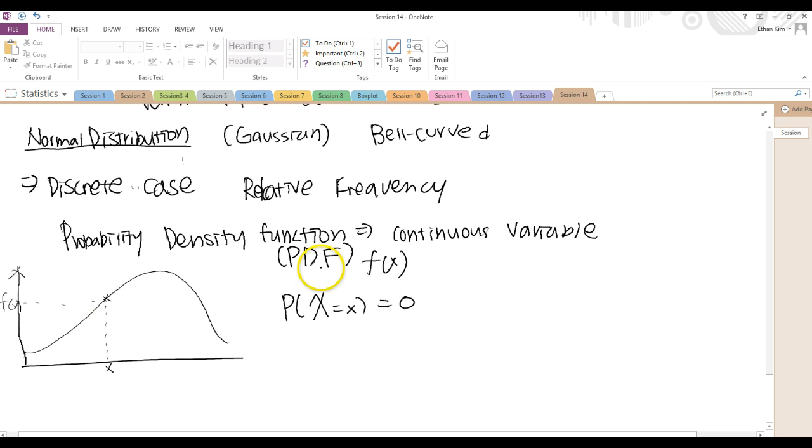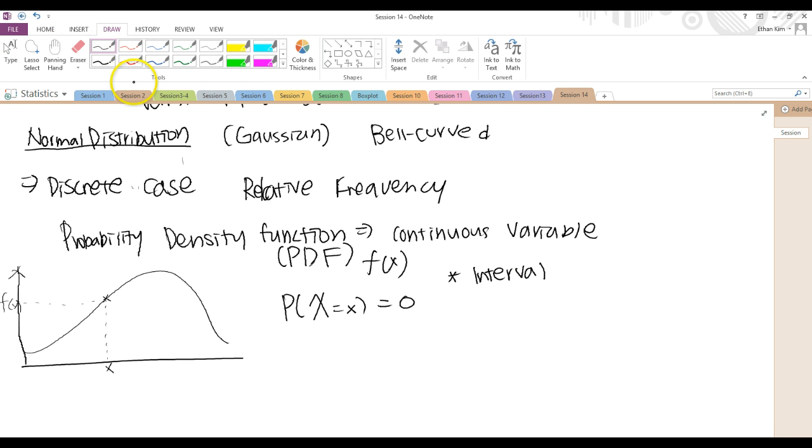So for a probability density function, we always look into the interval. Say we are looking for the probability that x is less than 5, and 5 is right here. Then we always look at this part, the area under the curve.